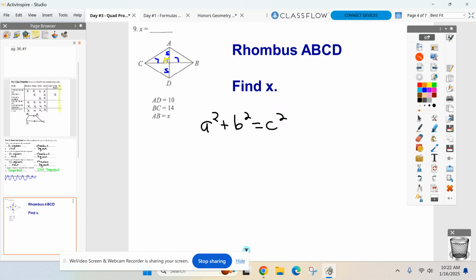When you use Pythagorean theorem, only in a right triangle, a and b are the two legs that make the right angle, and c is the hypotenuse. What are those 5 and 7s? a, b, or c? 5 and 7 are a and b. Yep. And we'll leave it in simplest radical form.